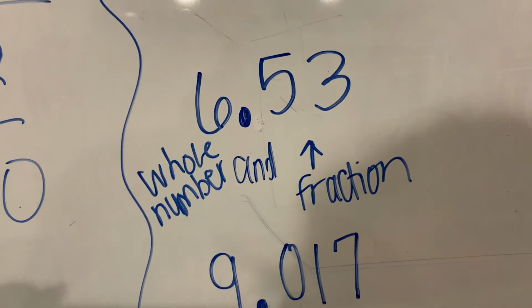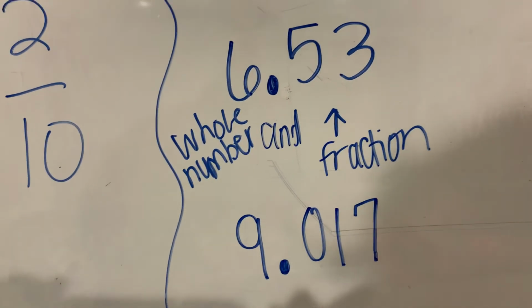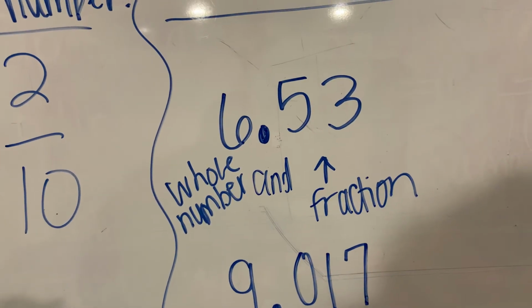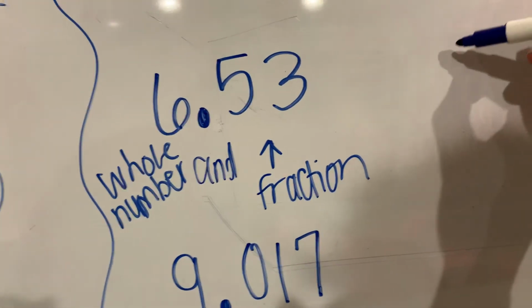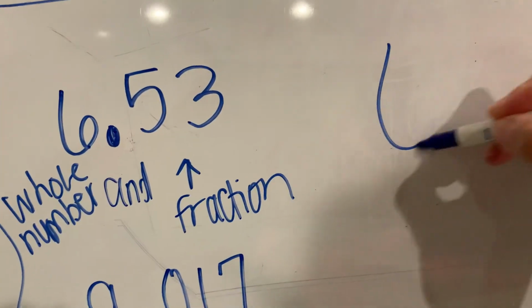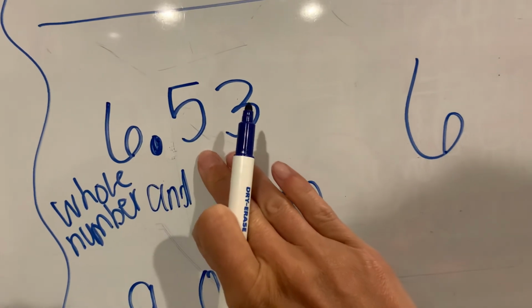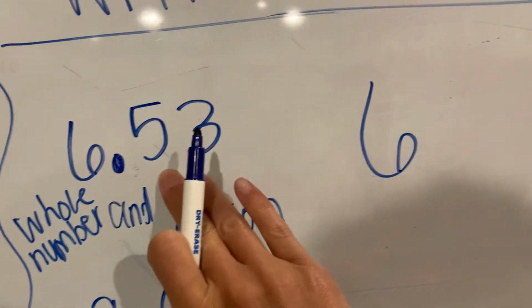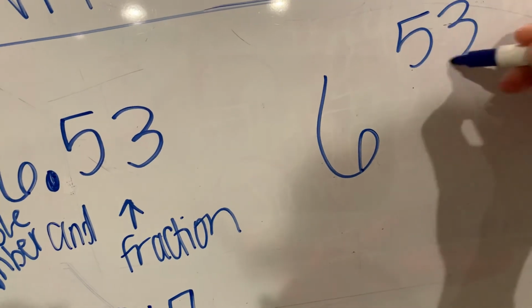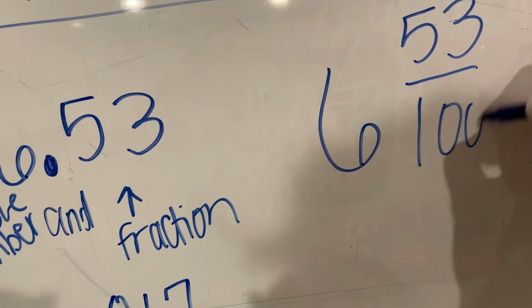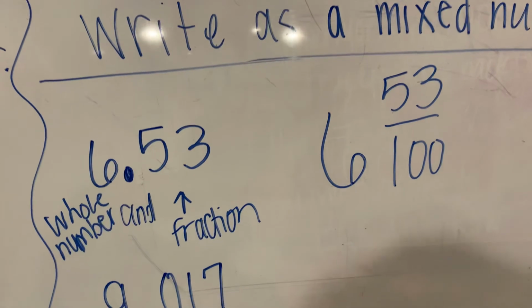Okay, so for the decimal, the decimal is the "and," the fraction is on the other side of the decimal. So I have 6 and 53 hundredths. So these are the easy ones. So I say 6 and 53 hundredths, so I go 53 out of 100 is 6 and 53 hundredths.